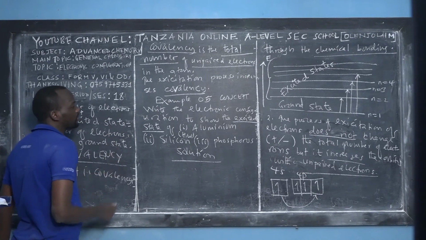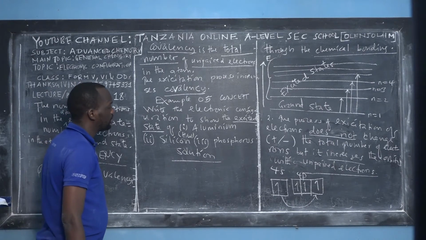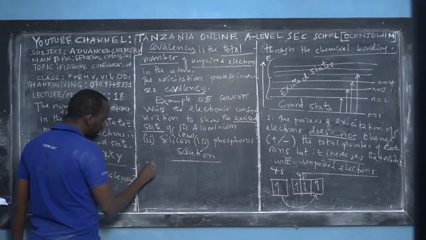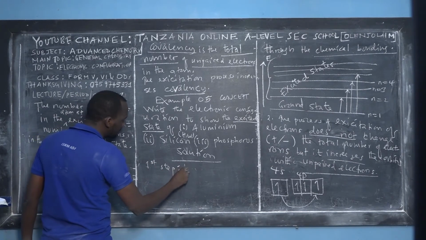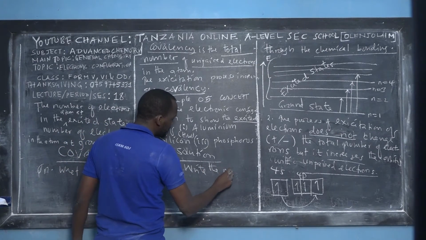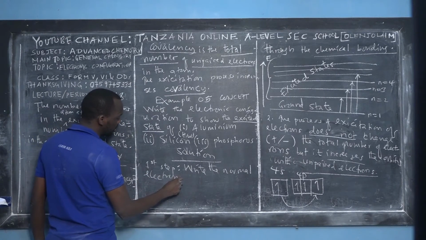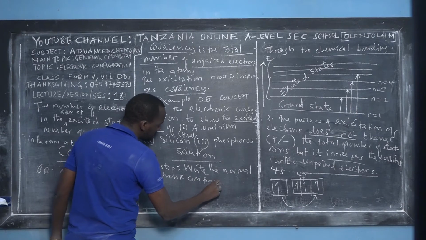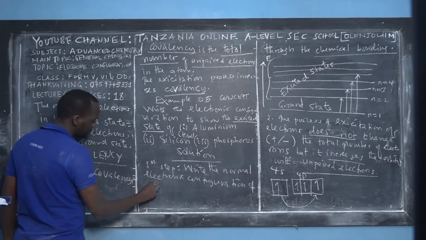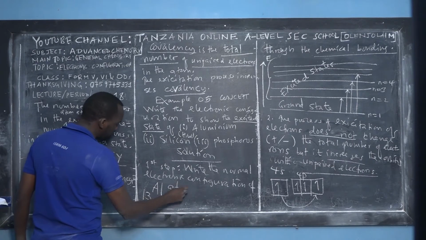So the first state, you know that because aluminium is one of the elements in the periodic table of 20 elements. So you say that the first state, the normal electron configuration of aluminium with 13 electrons at the ground state.